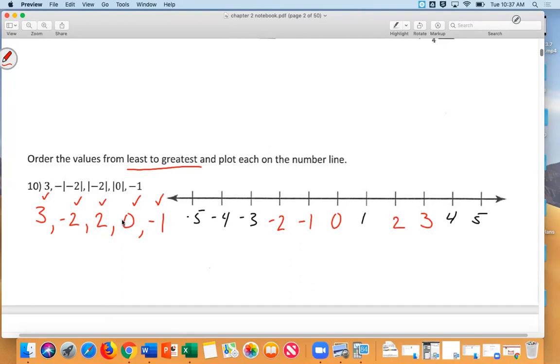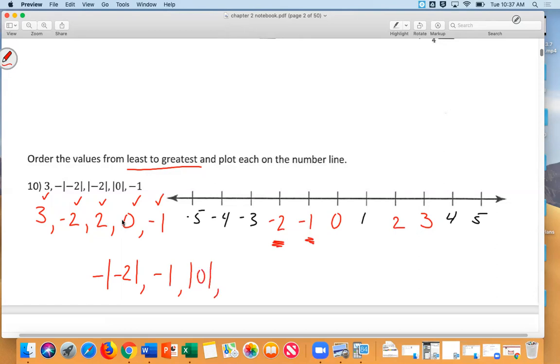We're going to read the numbers that occur in red from left to right, because numbers that are further left are smaller. So -2 corresponded to the opposite of the absolute value of -2. That's my smallest, because that occurred right here. Now -1 was at the end. That was just -1. 0 was written as the absolute value of 0, so I'm going to put that in.